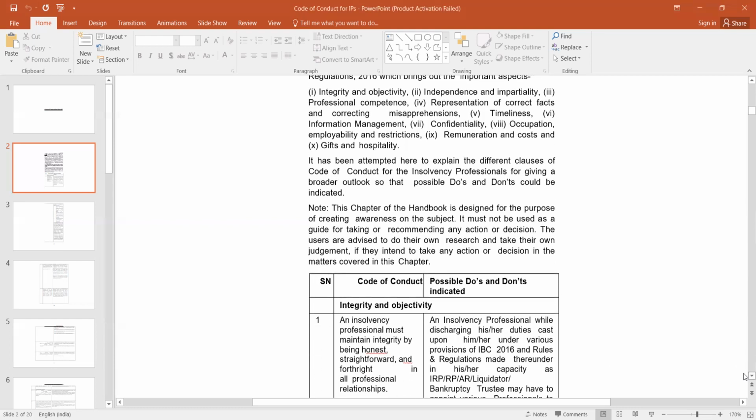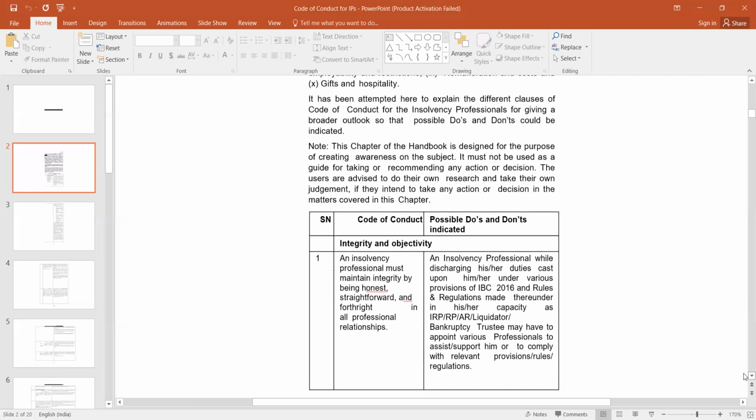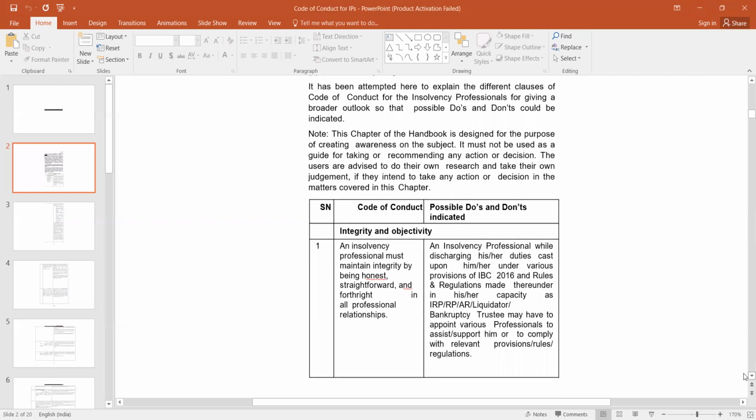So this is the first trait, integrity and objectivity. Can anybody tell me what is the meaning of integrity and objectivity? Integrity is honest, sir, being straightforward. Yes. So an insolvency professional must maintain integrity by being honest, straightforward, and forthright in all professional relations.